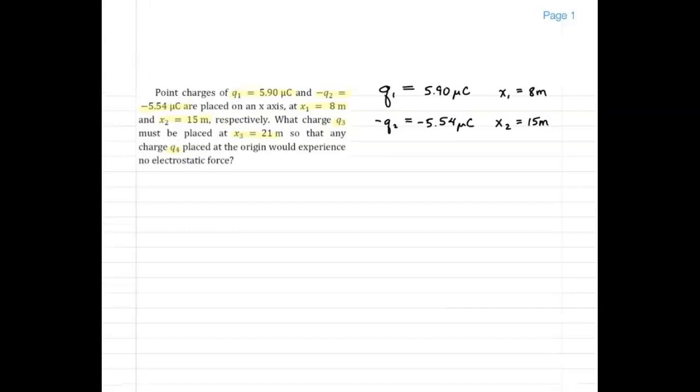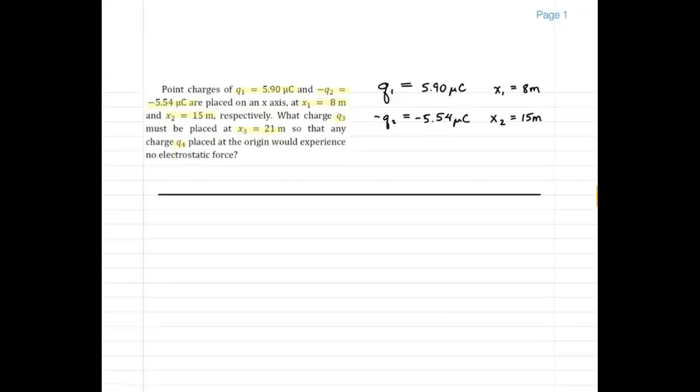So we're going to draw a picture of a number line, since everything's happening on the x-axis, with where these charges are placed. So here's an x-axis going from left to right, and the highest number is 21 meters. So we can put 0 here, and the furthest over here would be 30.